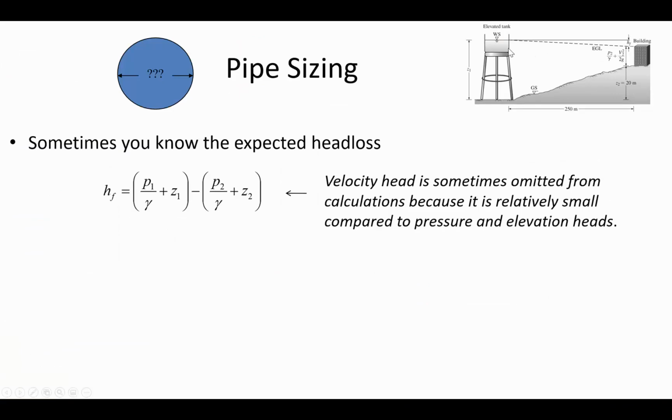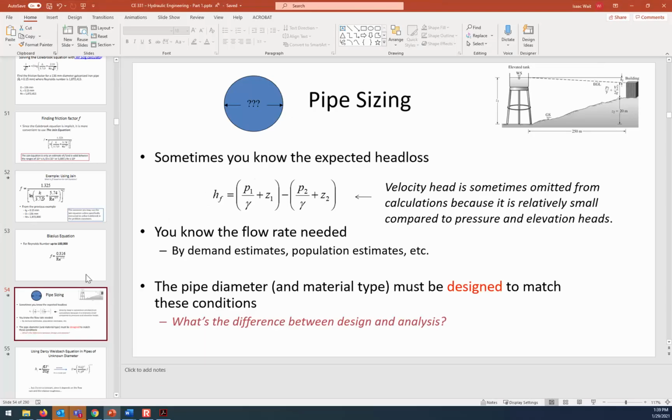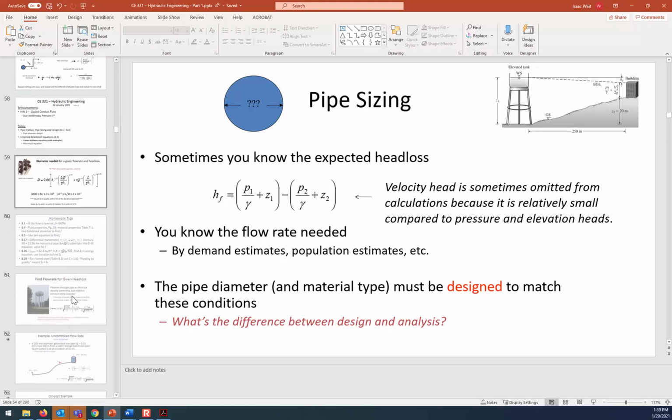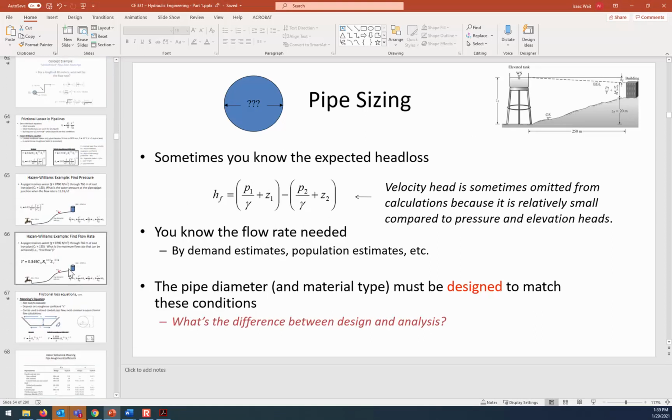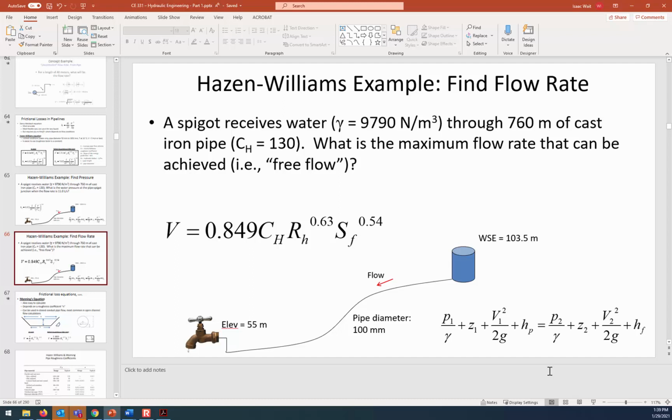In this sketch, what we saw was that the head loss was simply all of the energy at location 1 compared to all of the energy at location 2, where the energy at location 2 was just the elevation of the building if the water's flowing to the top of the building and stopping. And so now in this example, the slope of the energy grade line is going to be related to the elevation difference.